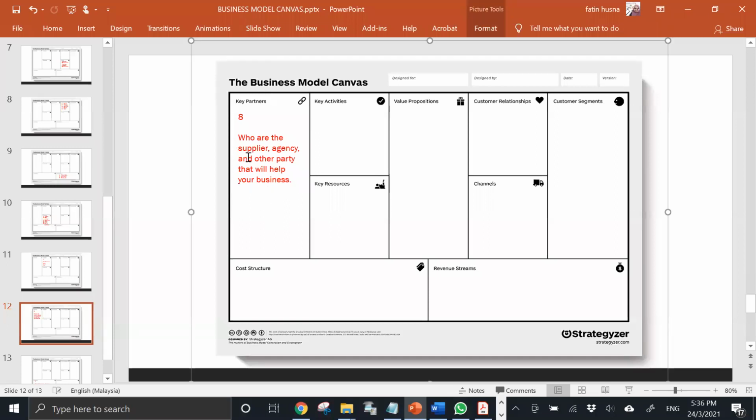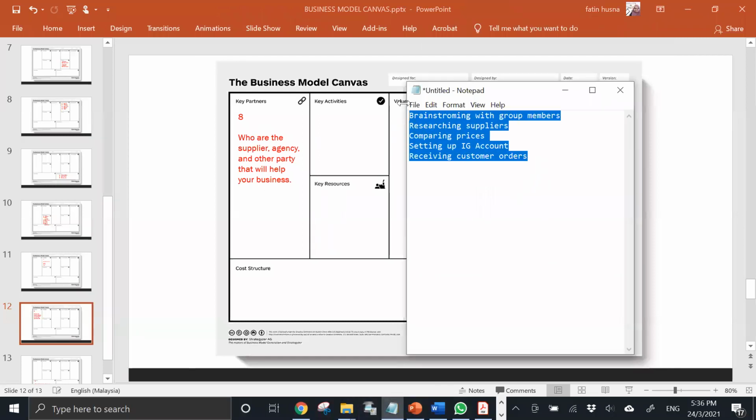So these key partners, for example, because you are under Entrep week, you put BBAC. BBAC means the BBA council. You put BBA council, and then you are registering under SSM.